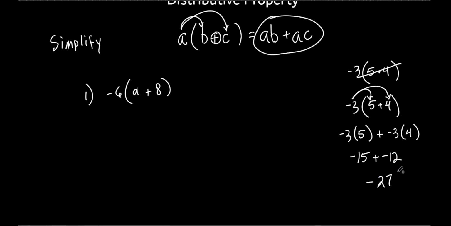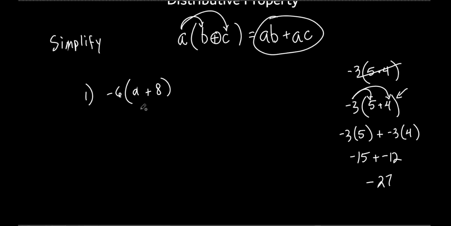What's that? 27. Same exact answer as if I went 5 plus 4 is 9 times -3 is 27. Would you agree? It was way easier doing it this way, just adding 5 plus 4, right? That's the way I would do it. I wouldn't do distributive property for something like this. But what I'm trying to show you is that the distributive property does work, all right? It works, doesn't it? You get the same exact thing.